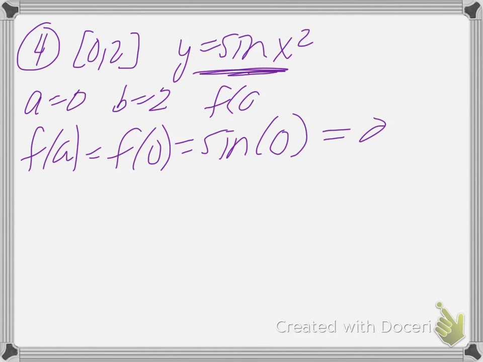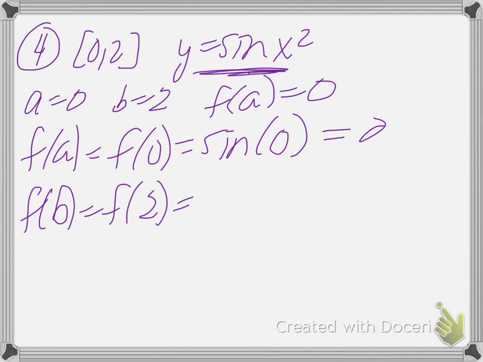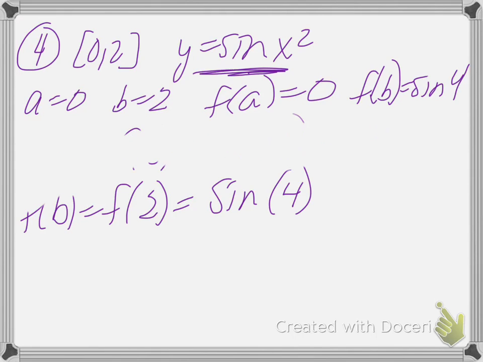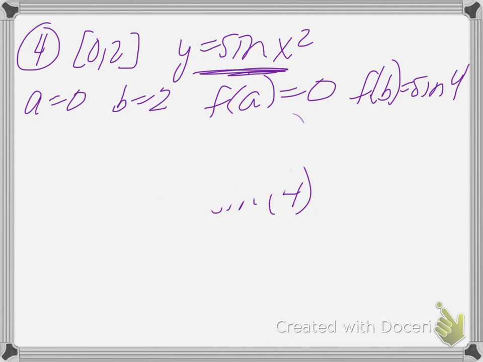So f of a equals 0. f of b is going to be f of 2, so I'm going to get sine of 2 squared, which is sine of 4. So f of b equals sine of 4. So this is not Rolle's theorem, because f of a is not equal to f of b.